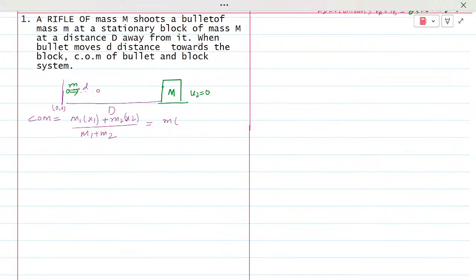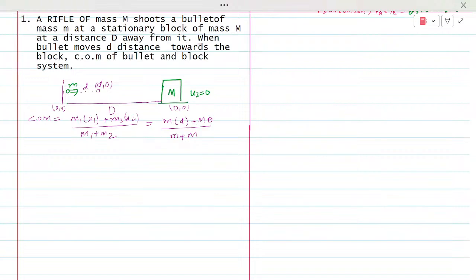At the instant when the bullet is at distance d, the coordinates are d, 0. So the center of mass is equal to small m d plus capital M into capital D by small m plus capital M. So this is the center of mass.